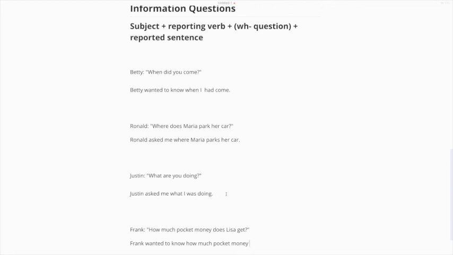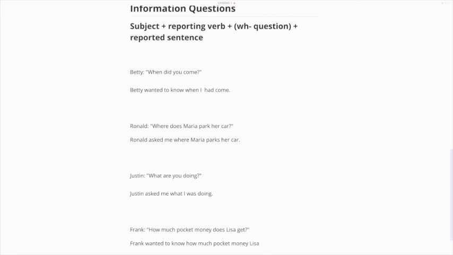How much pocket money does Lisa get? We're using the simple present, does. So we're going to report it in the simple past. And remember, affirmative word order. So we're going to start with the subject of that question. In this case, it's going to be Lisa. So we start with Lisa does get, and we're going to put that into the simple past.